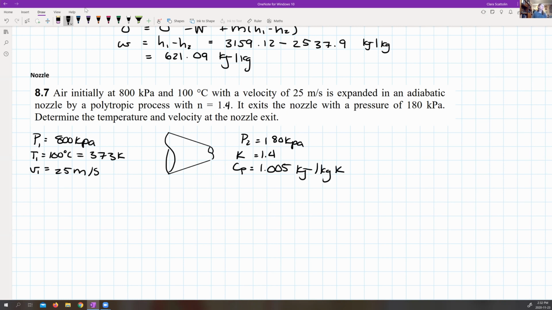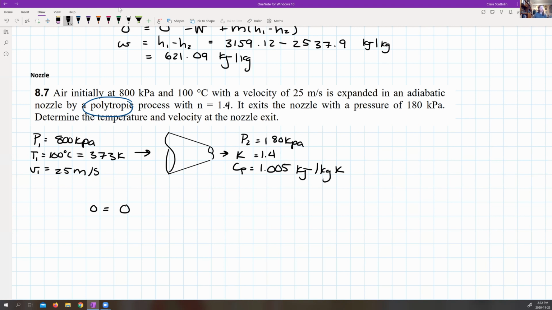So we're told that it is isentropic. We're told that it's adiabatic and polytropic. So knowing that it is polytropic, that will allow me to use some of the equations that we have saved up. I'm going to start by using the first law. If I look at the first law equation for the flow, because here we have a flow in and a flow out, I know there's no change in total internal energy.